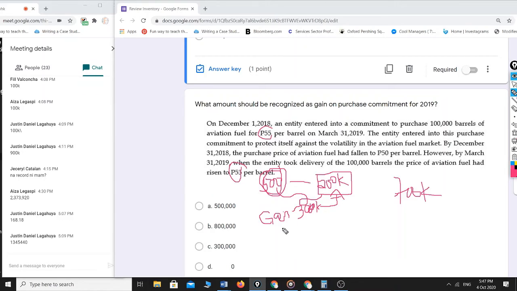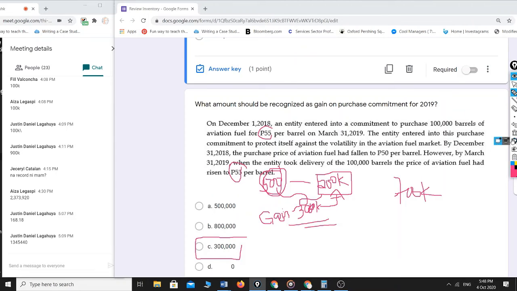Okay? So our gain to be recorded is 300,000. So that is our answer for this item. Or you can directly compare the previous market price versus the current market price, then times the 100,000. So it's the same anyway, but that is the rationale here.